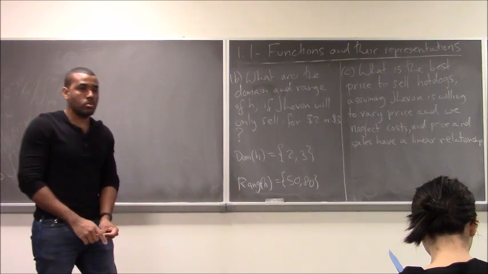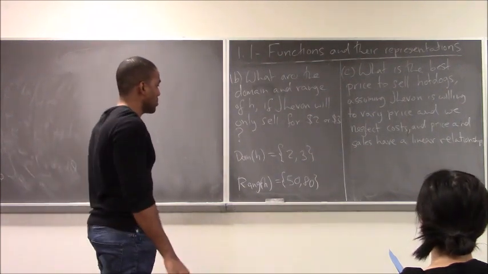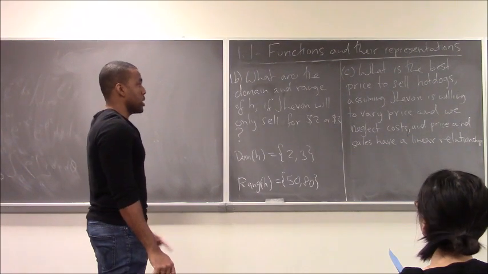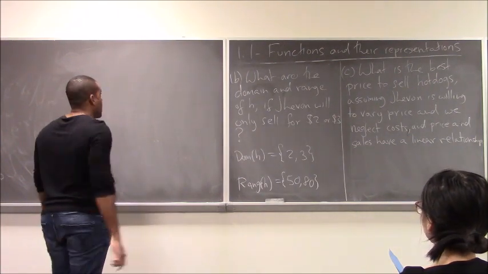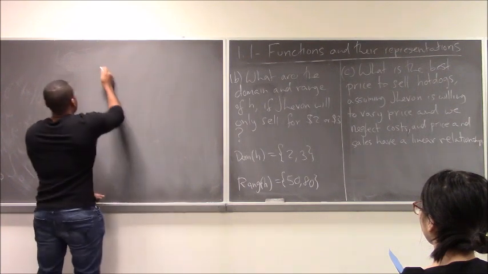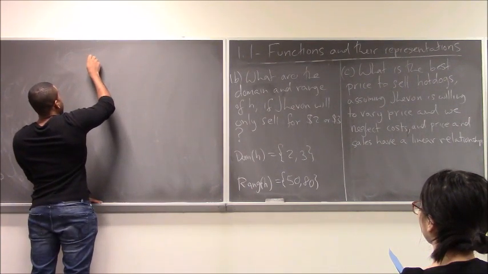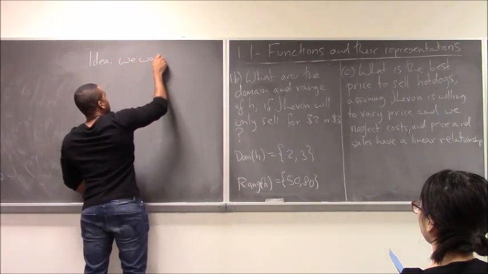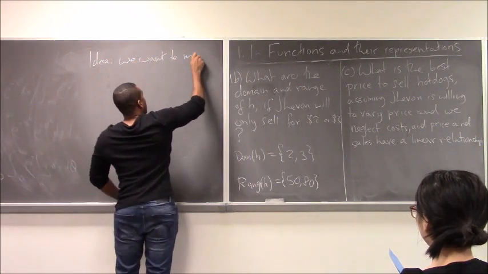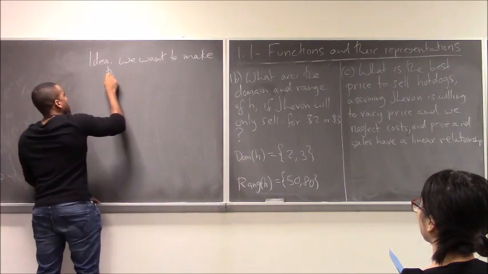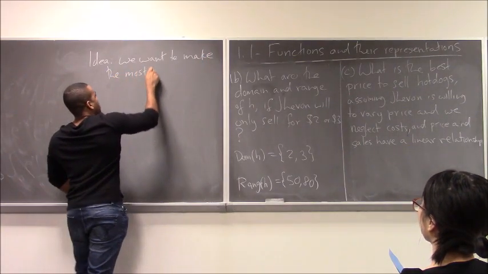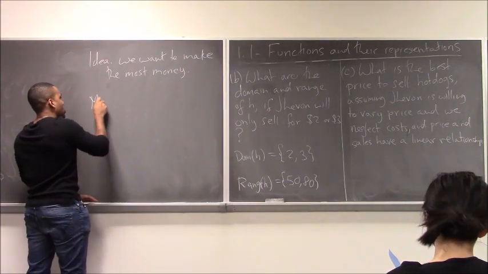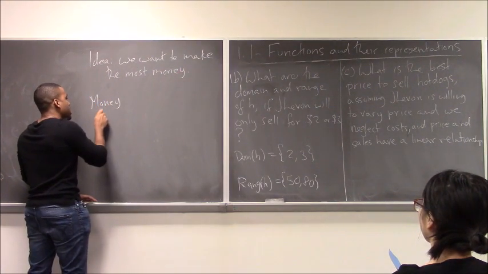Yeah? You can multiply the input, which is the price, by the output, which is how many transactions happen. So that's how much money we make? Yeah, sure. Okay, so let's start there. So basically the idea is we want to make the most money, right? Okay. And now we can go with your idea, the money we make.